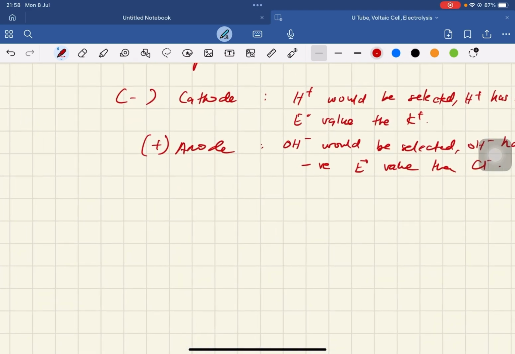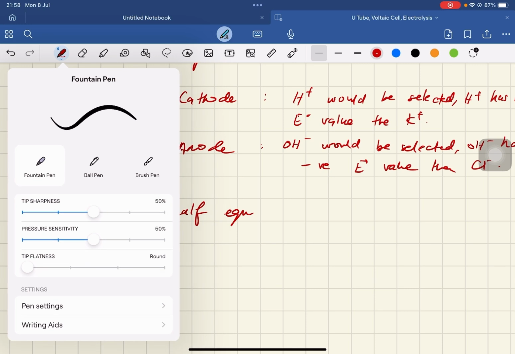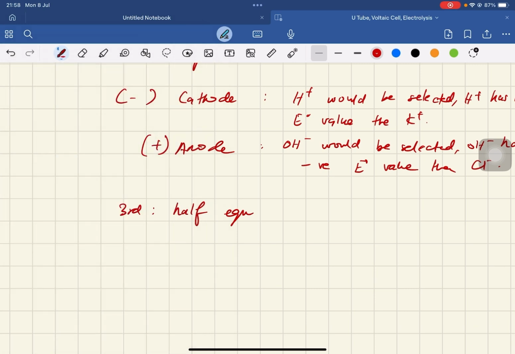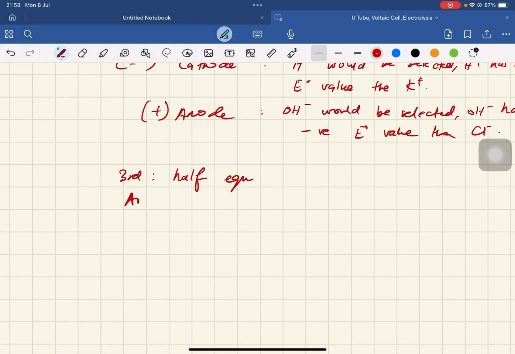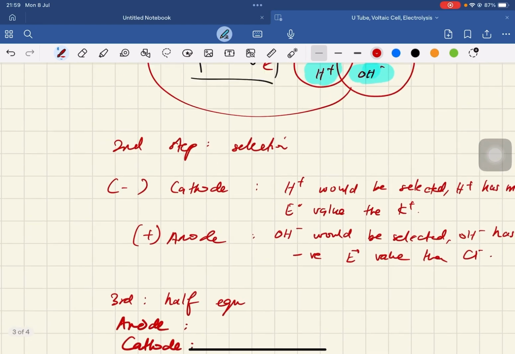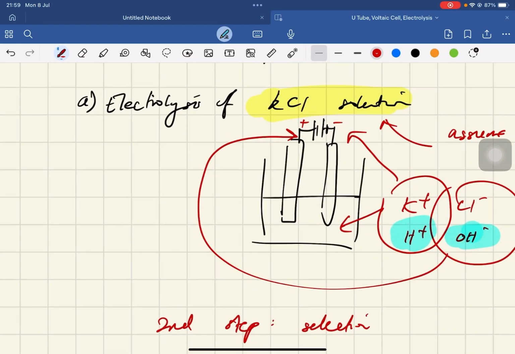As usual, after that you need to write your half equation. So that step would be to write your half equation. As usual we divide into anode and cathode. Make sure to adjust whichever will receive and donate. Make sure that you know the electron movement in electrolysis is from positive to negative.